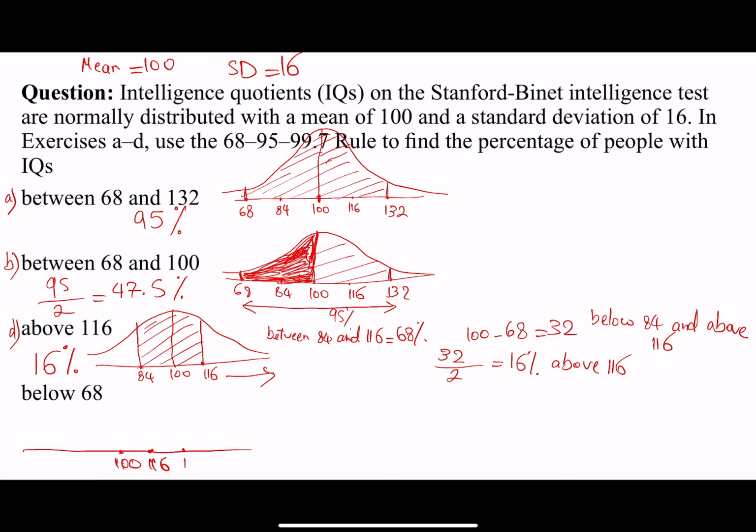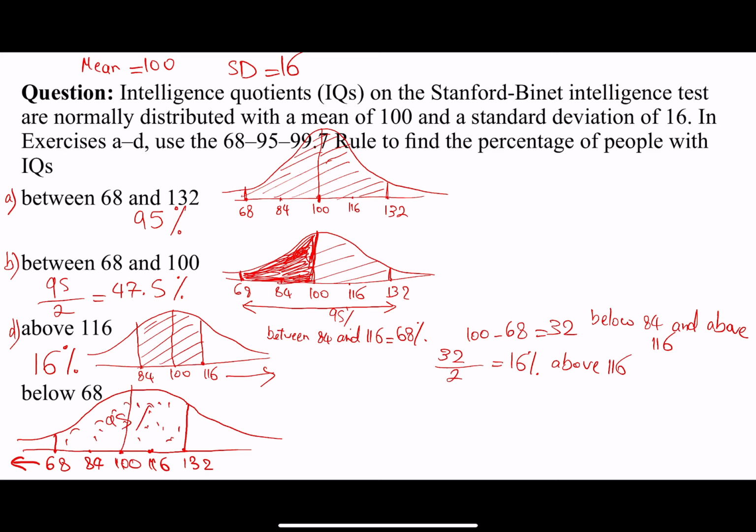One more is 132. One lower is 84. 84 minus 16 is 68. Here is our graph. So 100 is in the middle. Okay, so we want lower than 68.